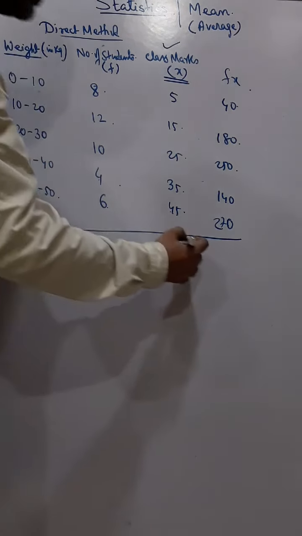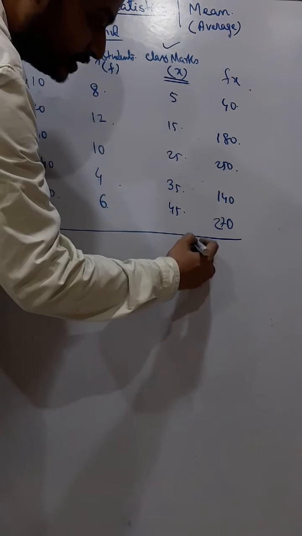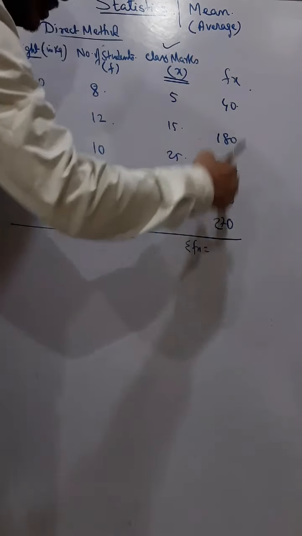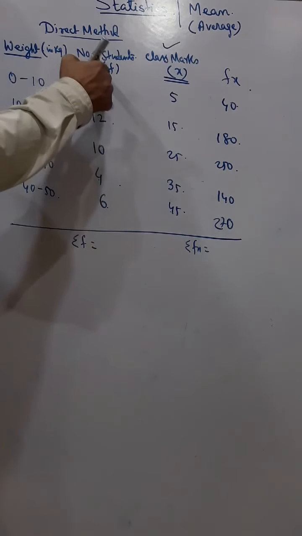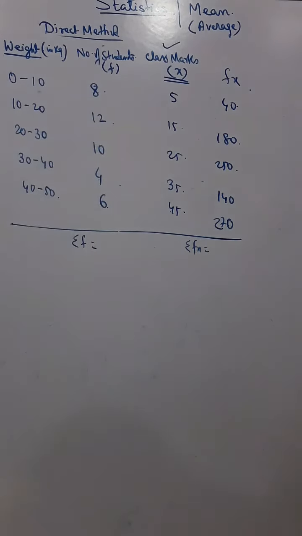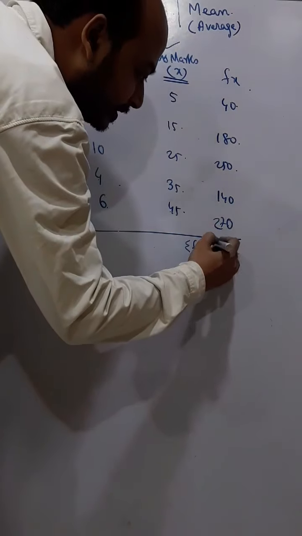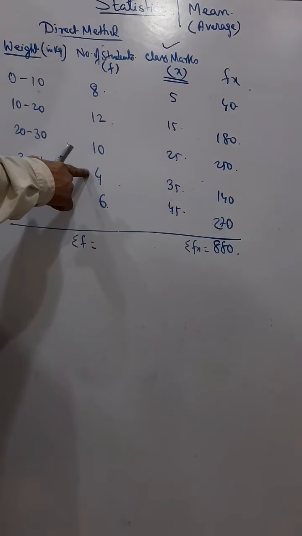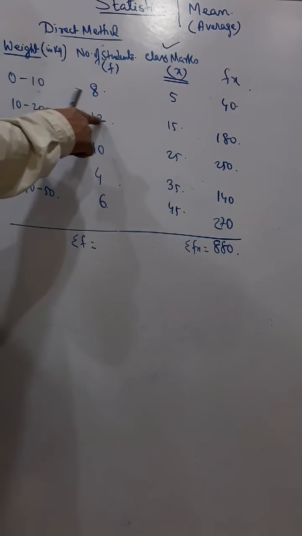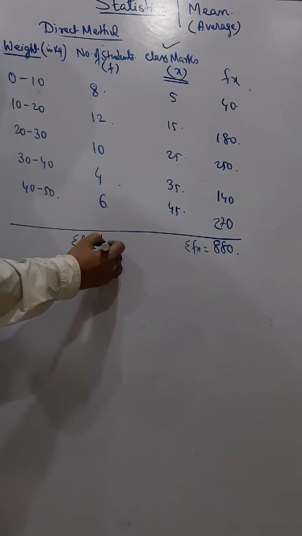And then we have to find sigma fx. I will find the total of this, and then we will find sigma f, that means the total of the frequency. Here you will get the total as 880, and then for the frequencies we get 6 plus 10 is 16, then 30, 32, and 40.